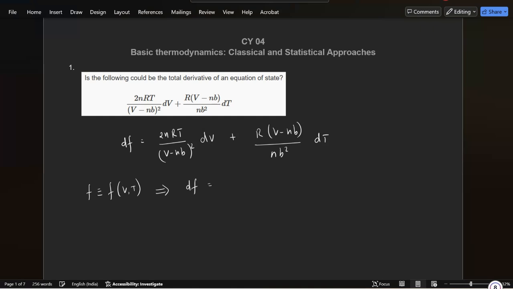Here, can we explain with exact differentiation? Yeah. We have to check if they are exact differentials or not. Okay, correct. So how do we check that?